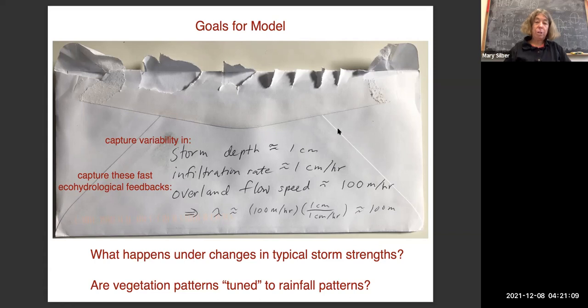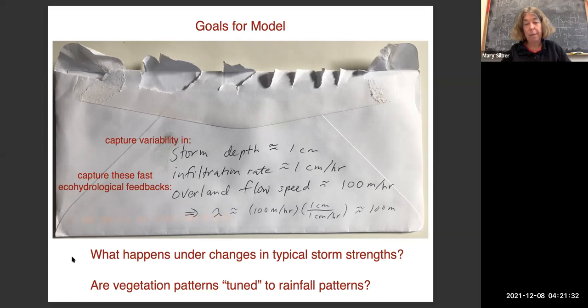And the questions I'm particularly interested in, this first one relates to climate change. I just want to know what might happen if there are changes to things like typical storm strengths. Okay, so not just how much water is getting into the system, but how it's coming in.